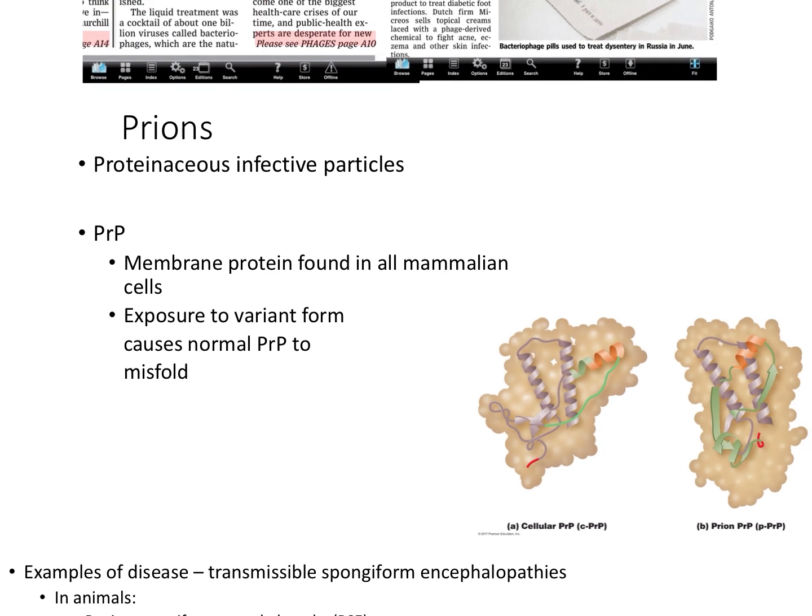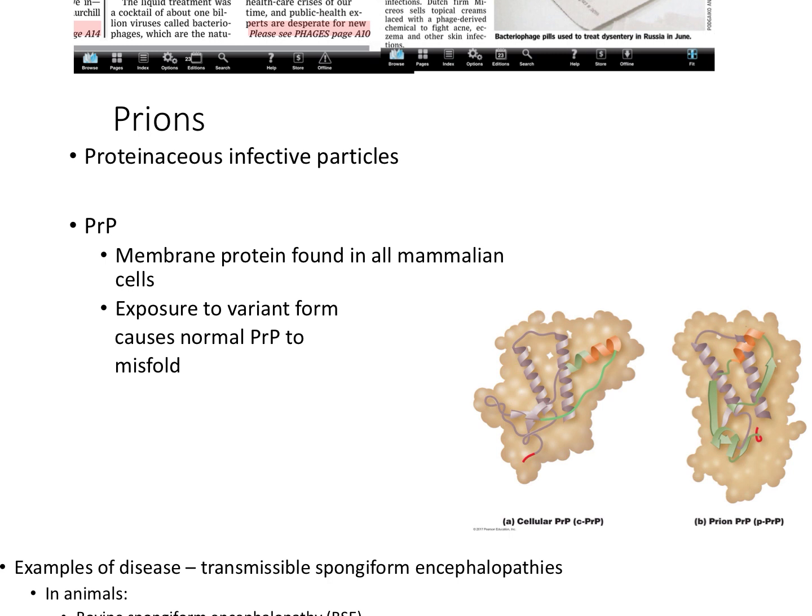All right, to finish out our chapter 6 here, let's talk about another thing that's really small that can kill you, and this is prions. Prions is a term that was coined by Stanley Prusiner in 1982. So it is fairly recently that we have understood what prions are. Prion is an abbreviation for proteinaceous infective particles.